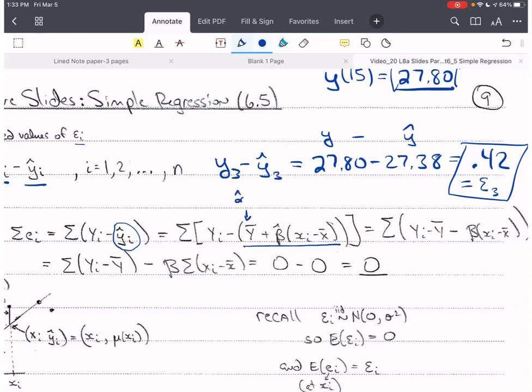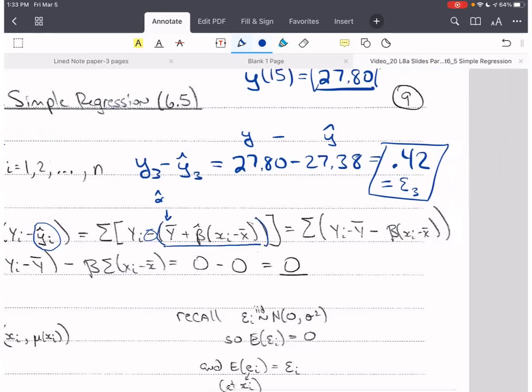And so I've substituted in y bar there. And so I have this minus sign, so make sure that you use your parentheses here. And then when we simplify this, we'd get yi minus y bar, and we can group these together if we like, minus beta hat xi minus x bar. Okay.